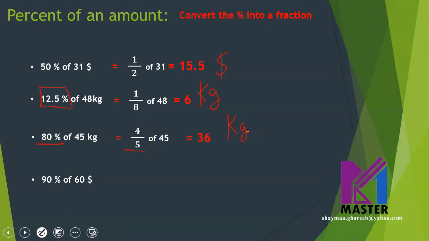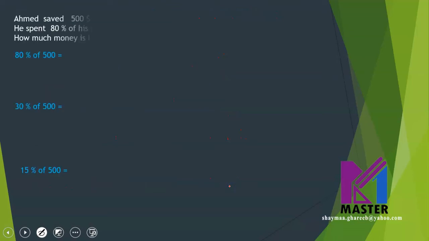The last one is 90% of $60, and the 90% is 9/10 of 60. So 90% equals 9/10. Now 9/10 of 60, 60 divided by 10 equals 6. 6 times 9 equals 54, and don't forget the unit, dollars.